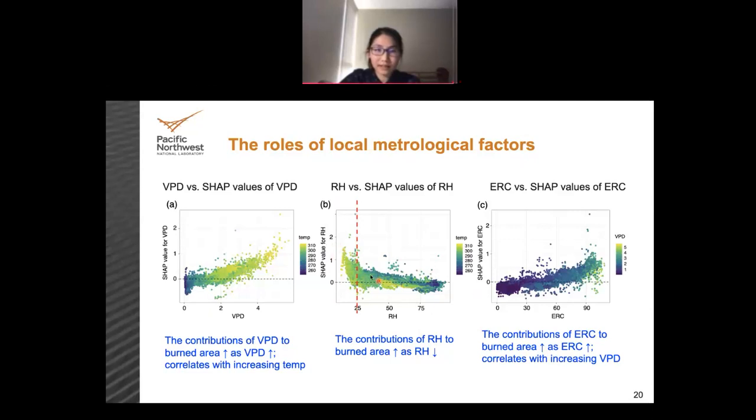So it's a negative correlation. And you can see when RH is pretty low, lower than 25, generally it will increase the burn area. While for the ERC, as ERC increases, it will increase the burn area. So it's a positive relationship. All the relationships learned by the machine learning model are consistent with our understanding.